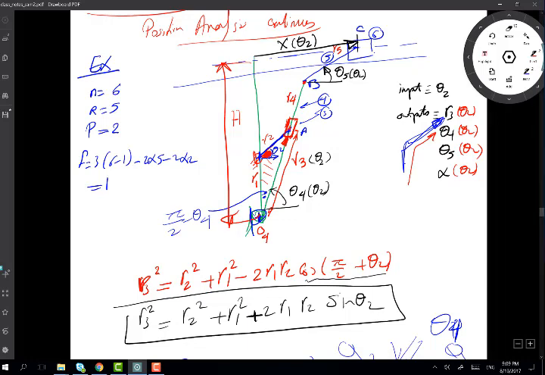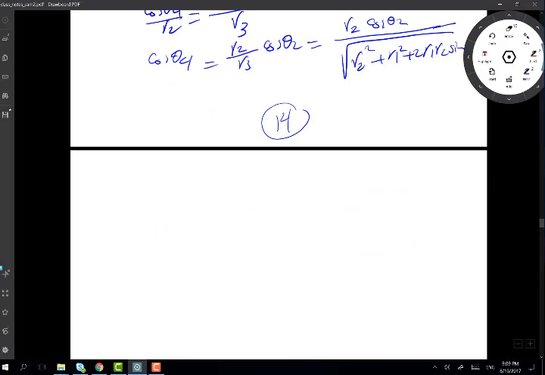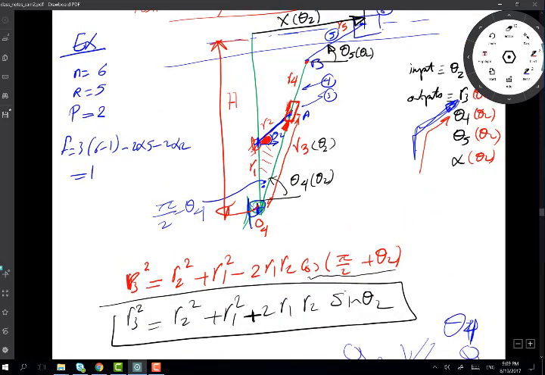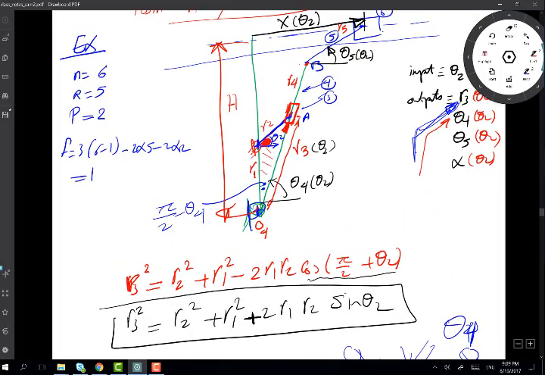If I project R4 and R5 on h, now I'm doing a projection that's similar to vector analysis a bit. So I can say h is equal to R4 sine theta 4 plus R5 sine theta 5. Because if you project this here on the vertical axis, you use sine theta 5.